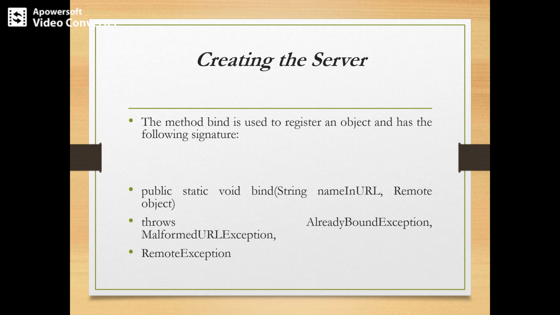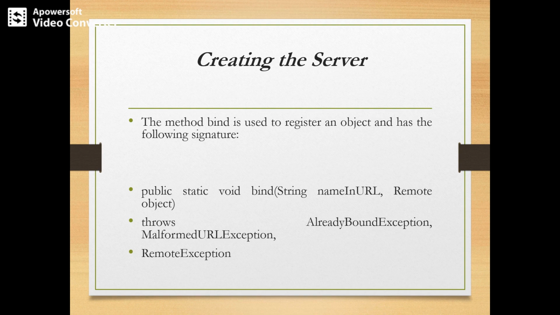Whatever the case, in creating the server, the first thing we should do is create an object registry. That is our major task. Basically we should have the naming technology. We discussed Java RMI and registry, the method binding that registers an object, with the respective signature that we have taken.